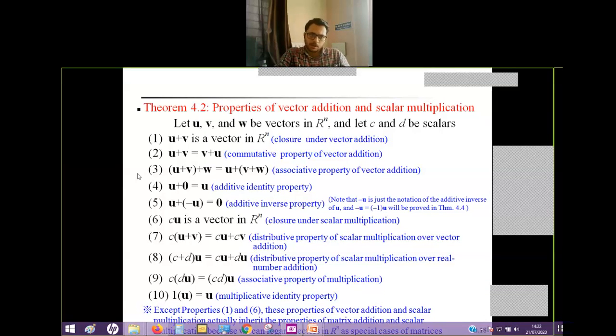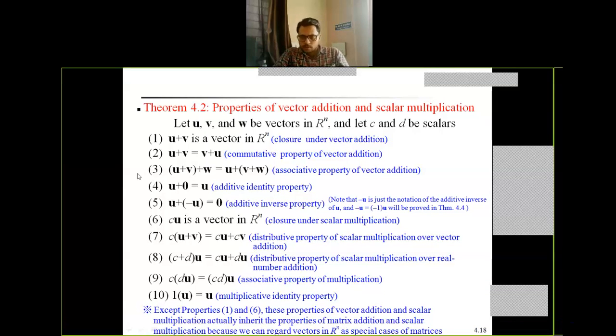These properties are very important, and they are called axioms while defining a vector space. These 10 axioms need to be proved or satisfied to call any space a vector space.